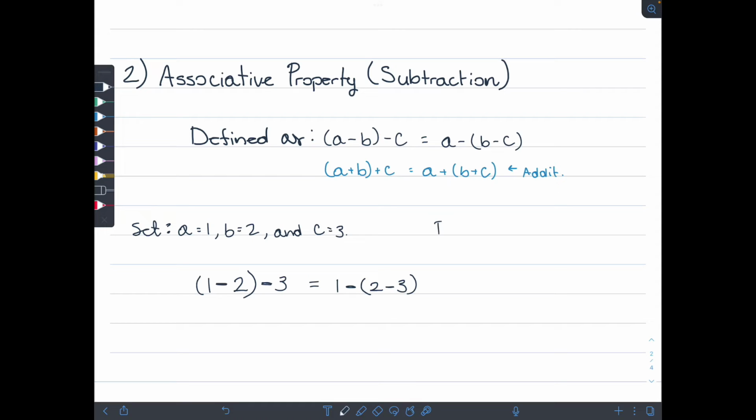We're going to follow PEMDAS. Parentheses first. 1 minus 2. Well, that's negative 1. Numerically, 2 is greater than 1. So if you were to do our charge field, we have 2 negatives, 1 positive. These neutralize, and we have 1 negative charge left over.